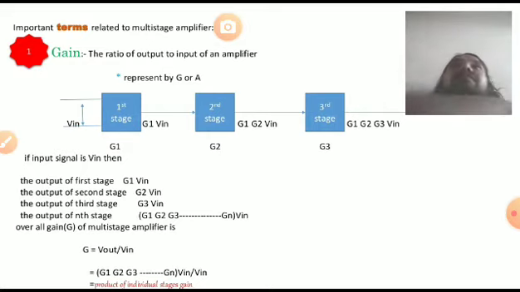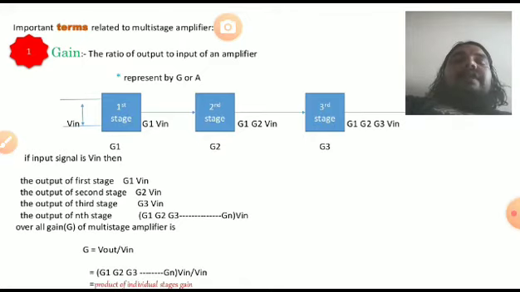The ratio of output to input of an amplifier is called gain. The gain is represented as G.